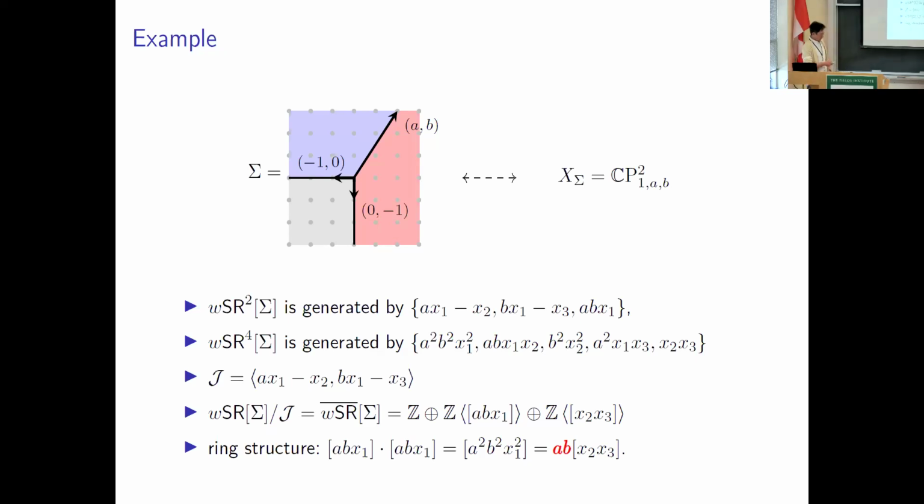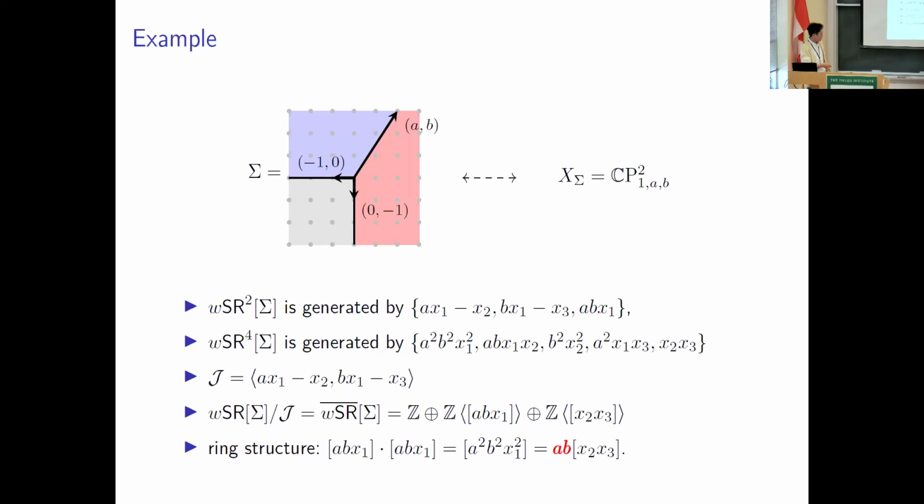So this WSR bar is the singular cohomology, and I have 1 generator in degree 2 and 1 generator in degree 4, and everything is just a polynomial computation. So the product structure is pretty easy to think of.